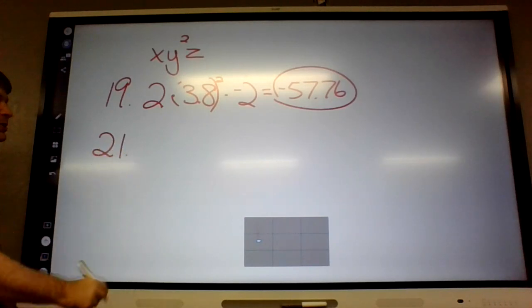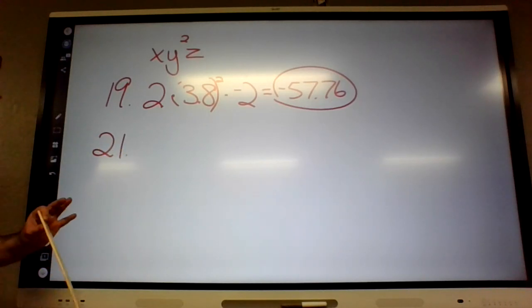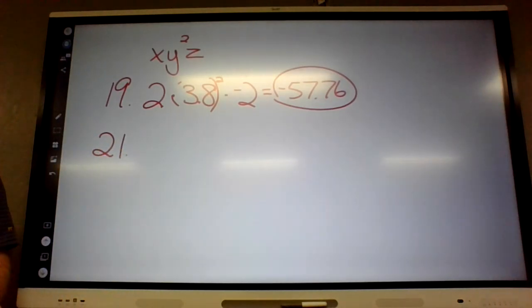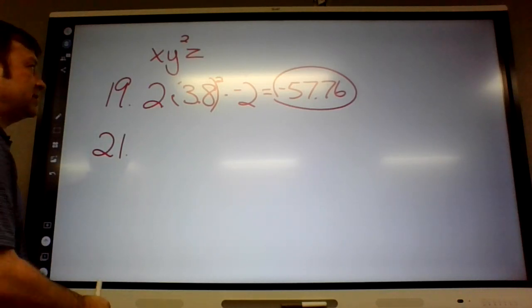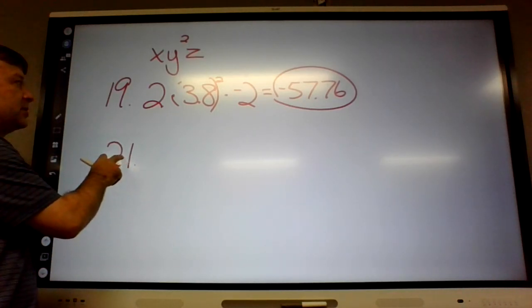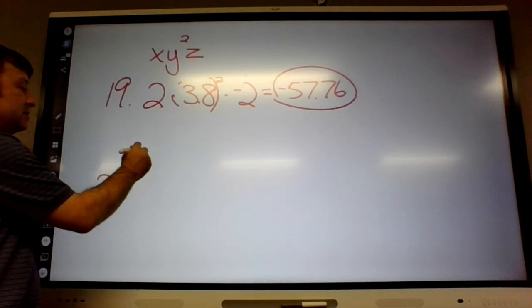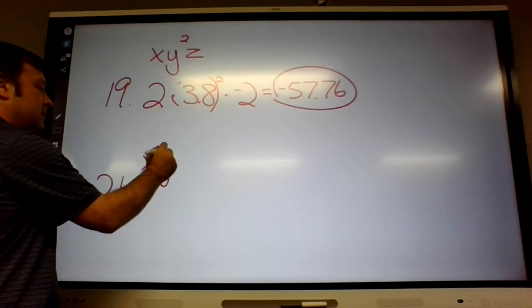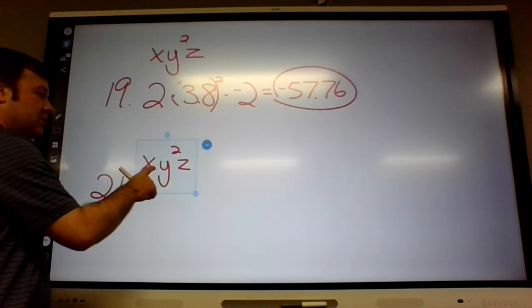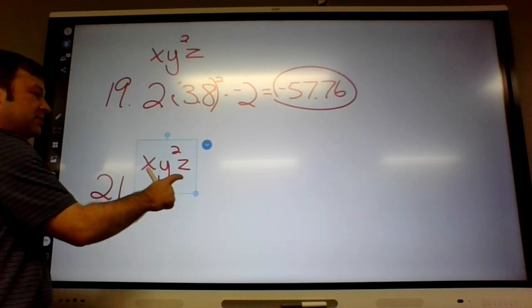Okay, 21 and 22, this is where it gets a little bit interesting. On 21, it says x equals a, y equals a, and z equals a. So how are we going to do that? If x equals a, y equals a, z equals a.